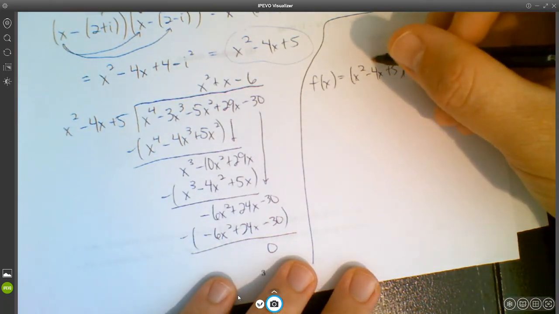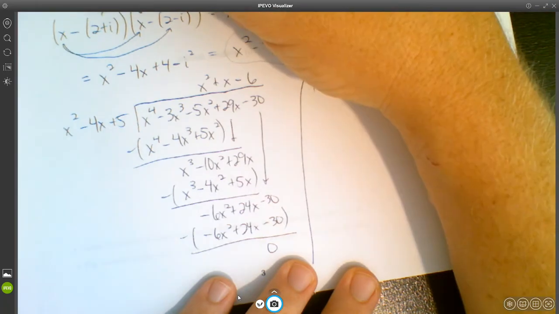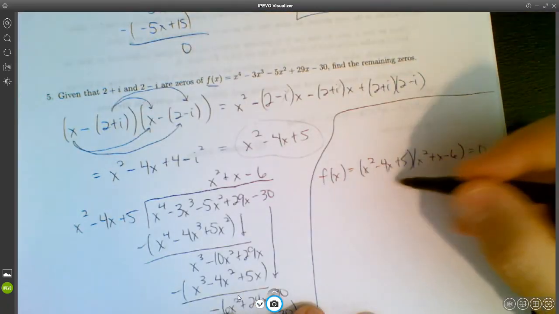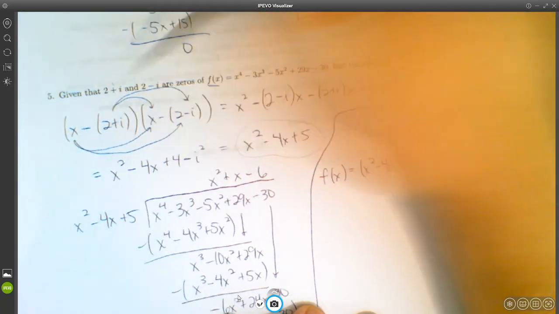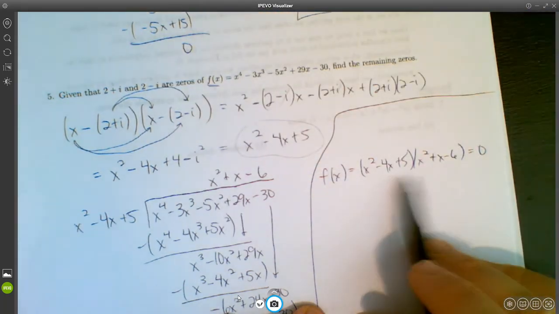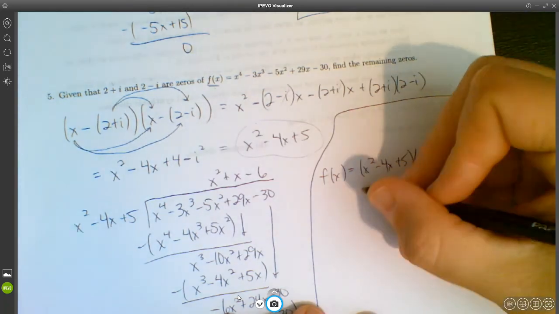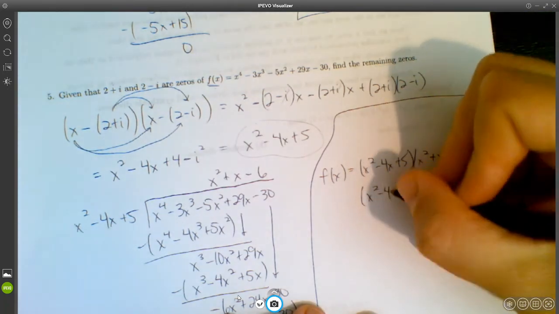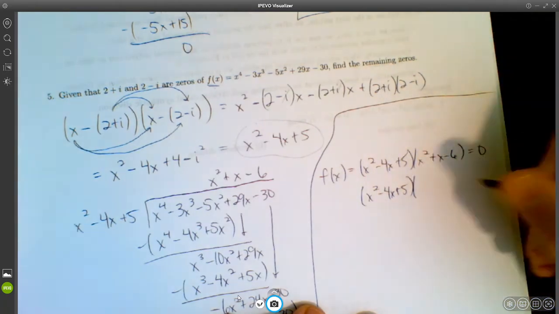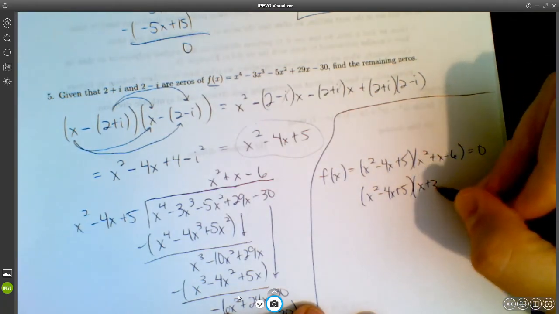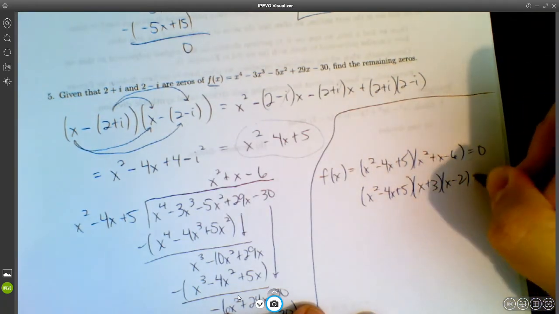I already know that this polynomial gives me solutions 2 plus i and 2 minus i, right? This polynomial came from these two zeros. So I'm not going to bother factoring that one any further, but I do want to try to do x squared plus x minus 6. So this is going to be x squared minus 4x plus 5 times x plus 3 times x minus 2, I think does the trick.